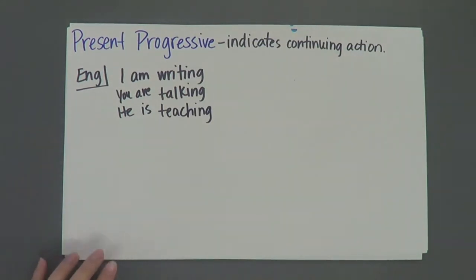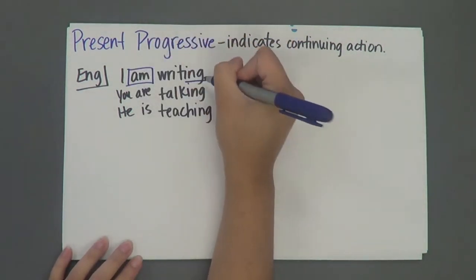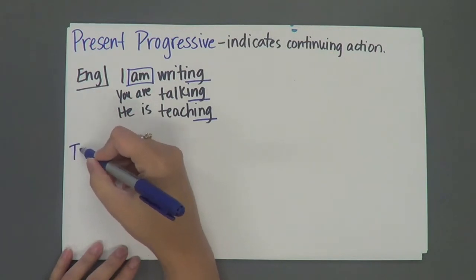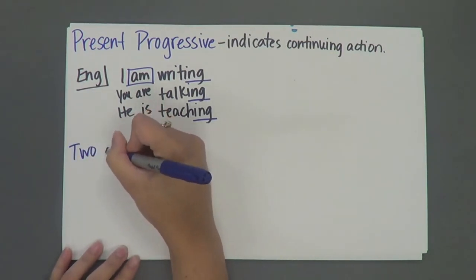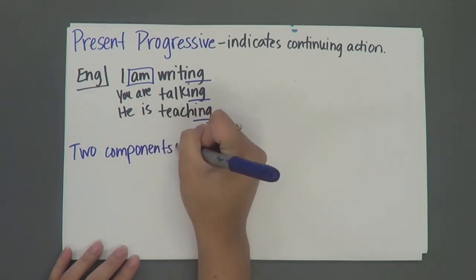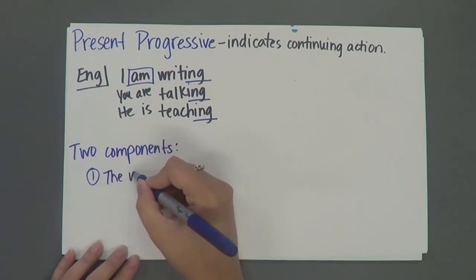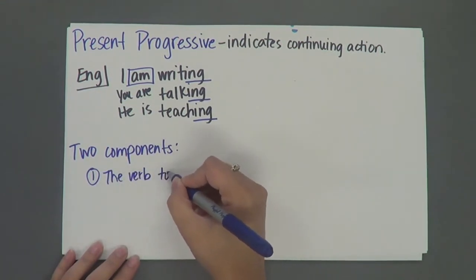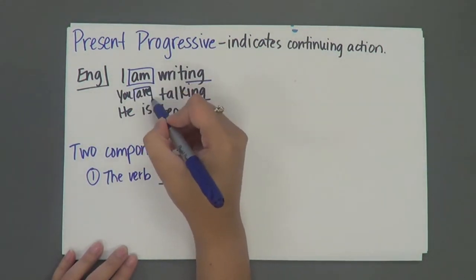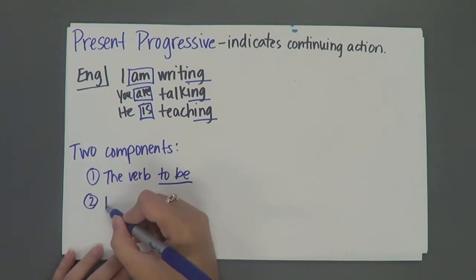And what makes it present progressive is am and then the ing form of the verb. So you need two components when you're forming the present progressive. And those two are, like I just said, the verb to be, and we have that in am, are, is, and then you're going to need the present participle.